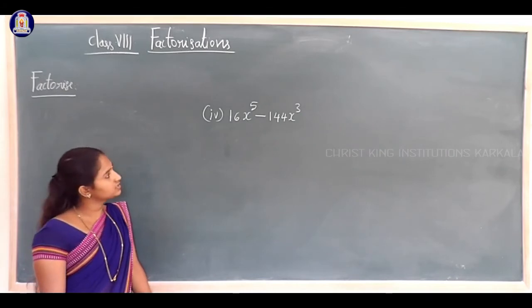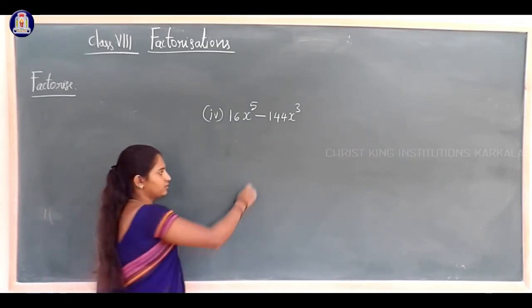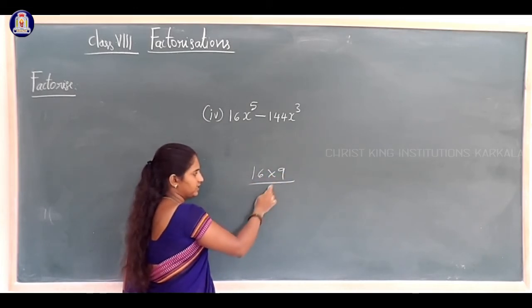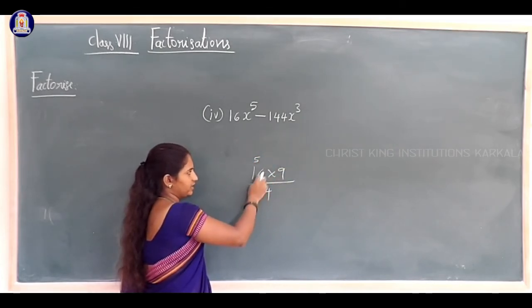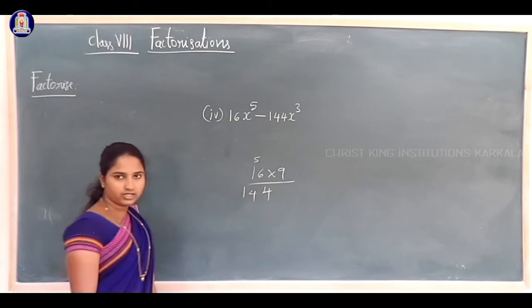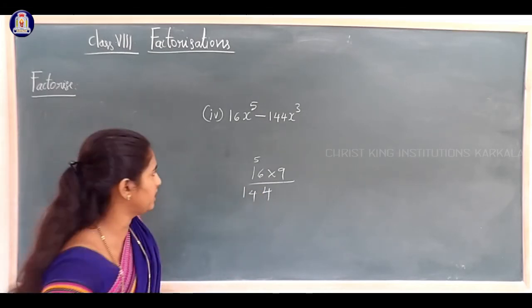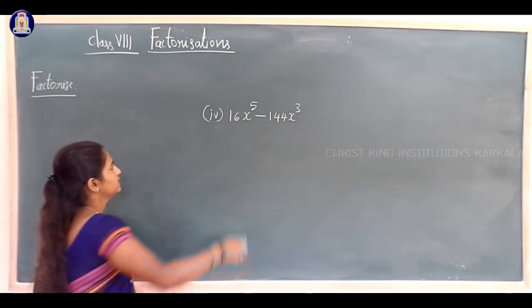Yes, 16 how much is 144? 16 nines are. So if you multiply 16 into 9, 6 nines are 54, 5 remaining, 1 nine is 9, 9 plus 5 is 14, so that means 144. So 16 nines, it divides, right? So I think we can take a common factor outside in this.